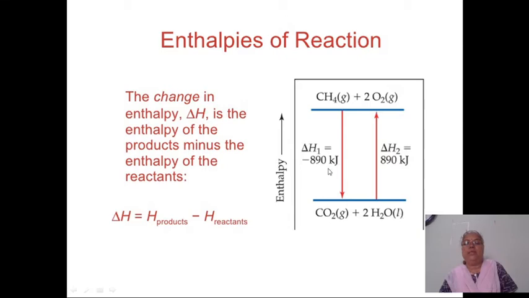For this reaction the enthalpy delta H1 is minus 890 kilojoule, and for the reverse reaction delta H is plus 890 kilojoule. See, in the forward reaction enthalpy is negative, in the backward reaction the enthalpy value is positive.